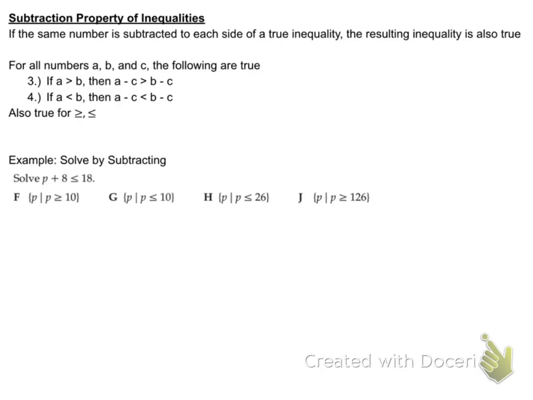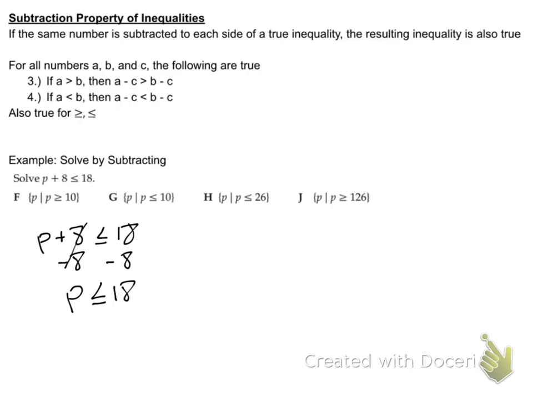So here's our example. P plus 8 is less than or equal to 18. What do I need to do to get P by itself? Minus 8. These are gone, so P is less than or equal to 18. Hey, wait a minute. This is multiple choice.